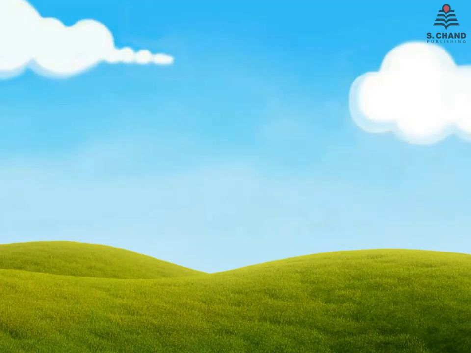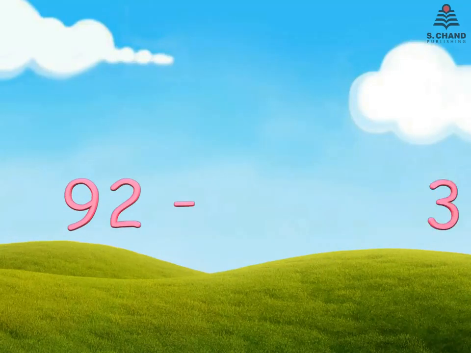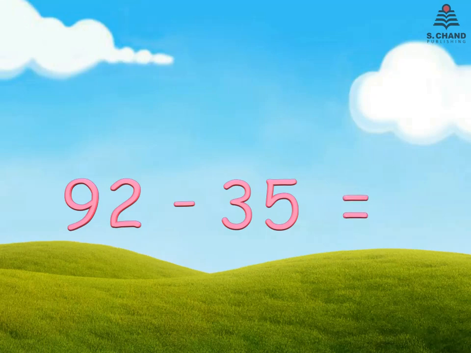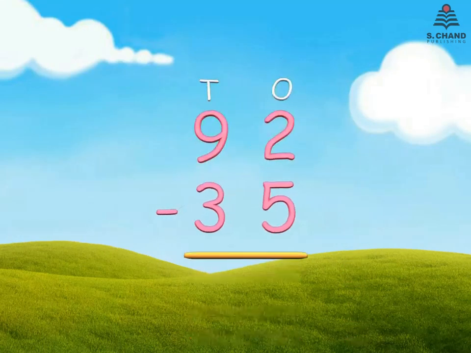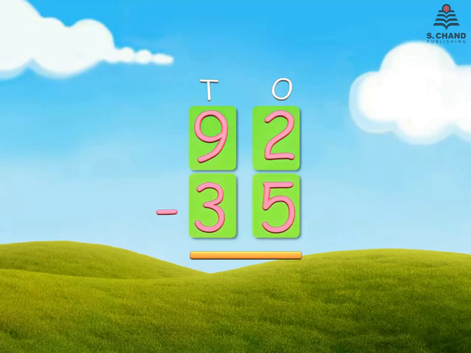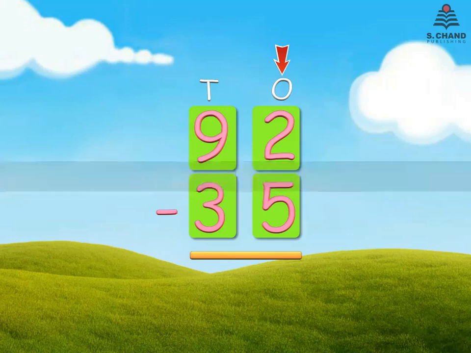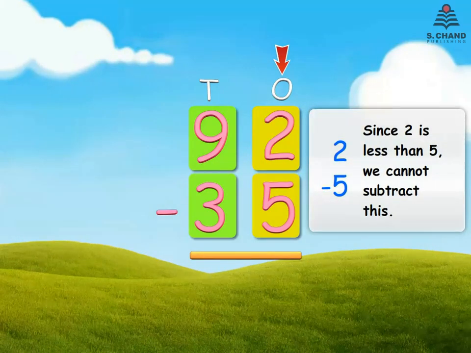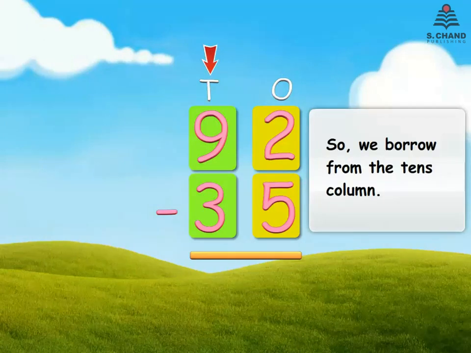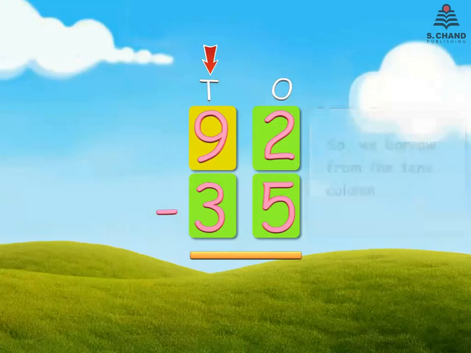Here's another subtraction problem. 92 minus 35. Let's arrange the numbers in vertical columns. First, we subtract the ones. 2 minus 5. Since 2 is less than 5, we cannot subtract this. So, we borrow from the tens column.